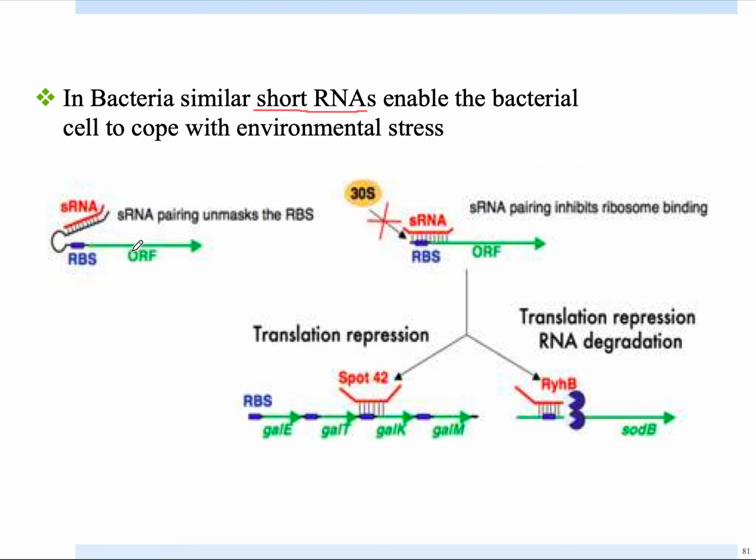What it would do is have these small RNAs bind to the ribosomes and prevent the pairing of the ribosomes for the synthesis of protein to take place. So these small RNAs will bind to a particular spot of the messenger RNA and repress the process of translation.